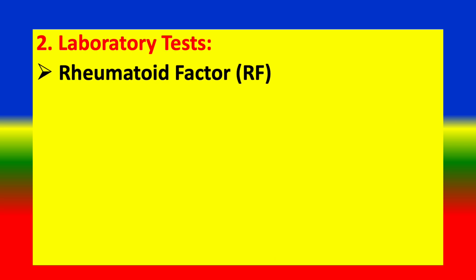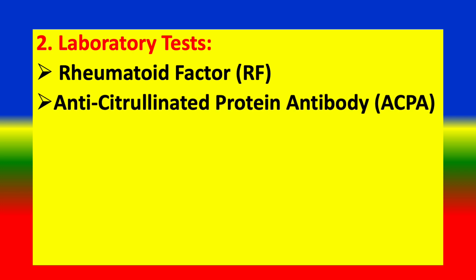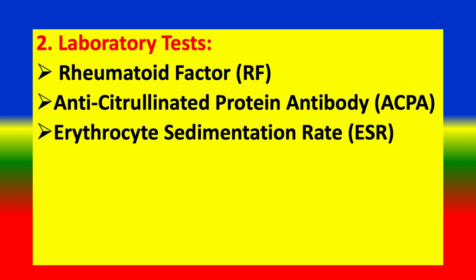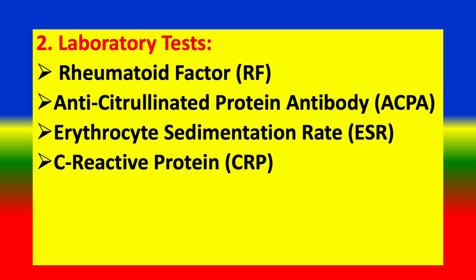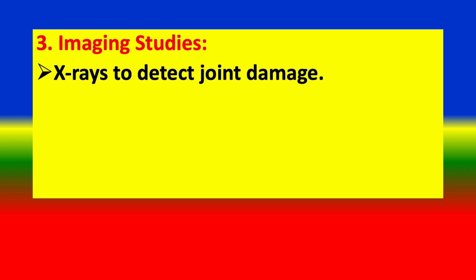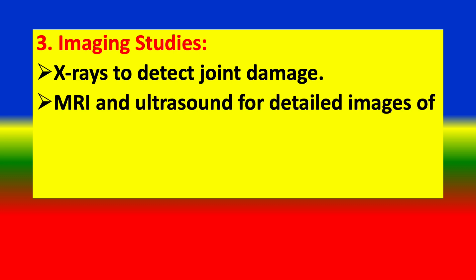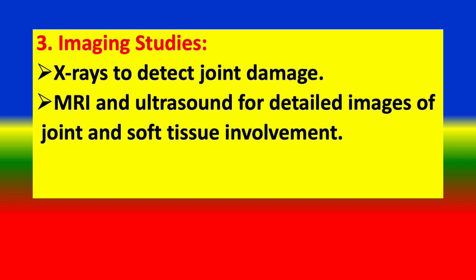Laboratory tests: rheumatoid factor, RF, anti-citrullinated protein antibody, ACPA, erythrocyte sedimentation rate, ESR, C-reactive protein, CRP. 3. Imaging studies: X-ray to detect joint damage, MRI and ultrasound for detailed images of joints and soft tissue.